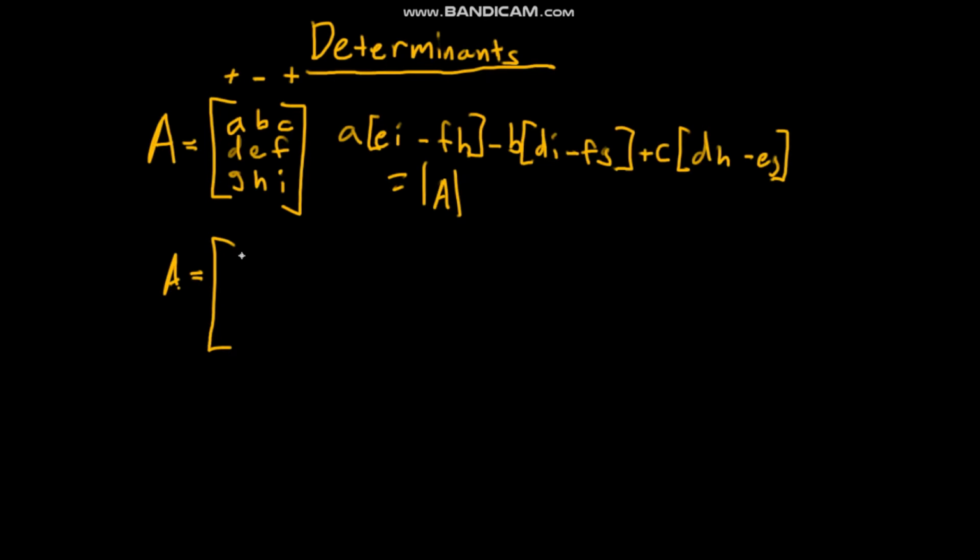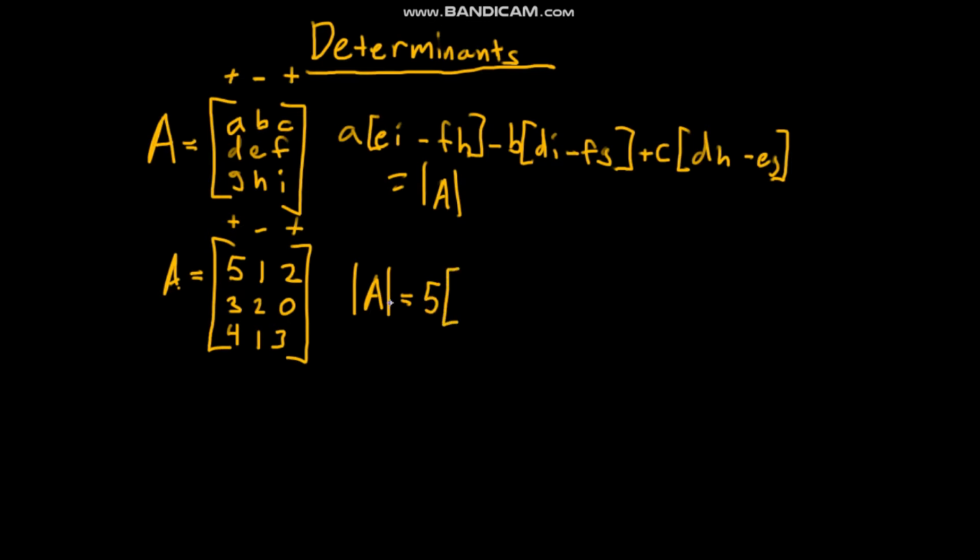So if we're going to use actual numbers, let's do 5, 1, 2. I'll try and use small numbers just so that this comes out kind of clean. If this is our matrix, and we want to take the determinant of A, we're going to take a positive 5. I'll write the plus, minus, plus again so you can keep track of it more easily.